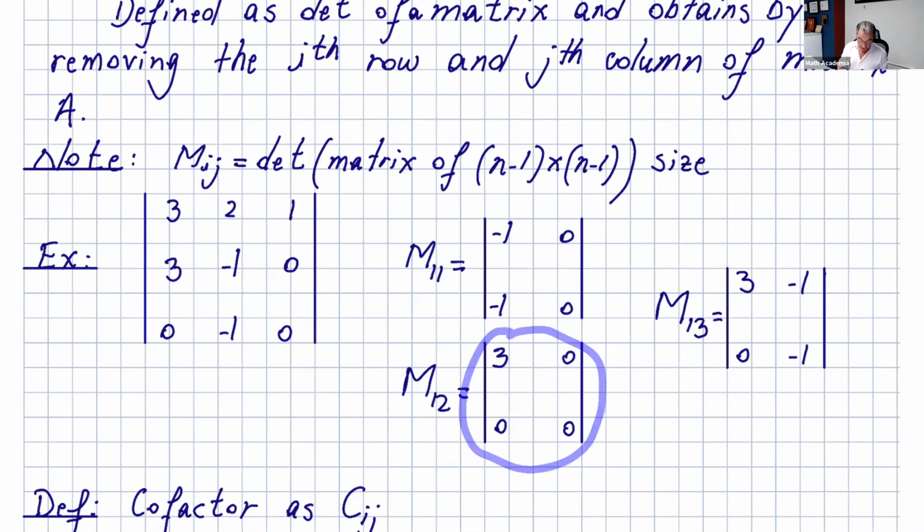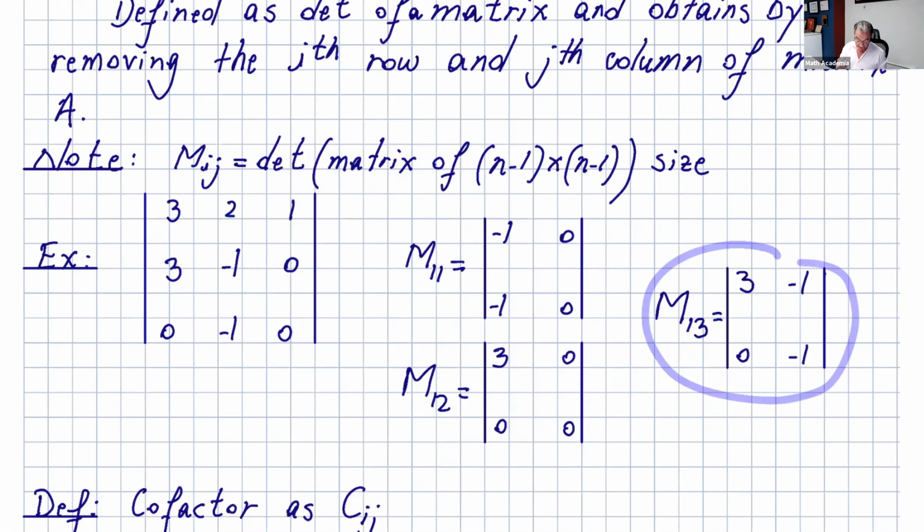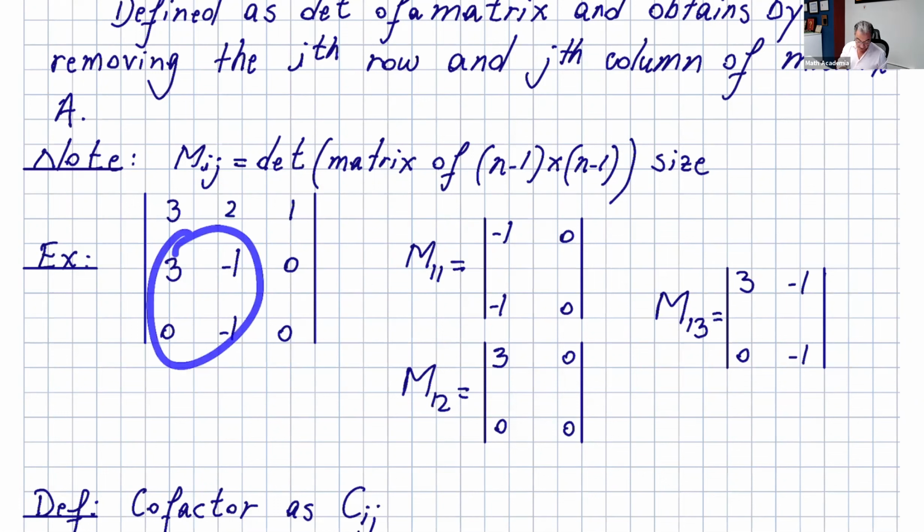For 1, 3, if I hide that row and that column, you're left with this matrix. And the minor of 1, 3 is just the determinant of that matrix, the one that I just did. So this one, 3, negative 1, 0, negative 3, and I wrote it here. I did not calculate those yet, but just understand.